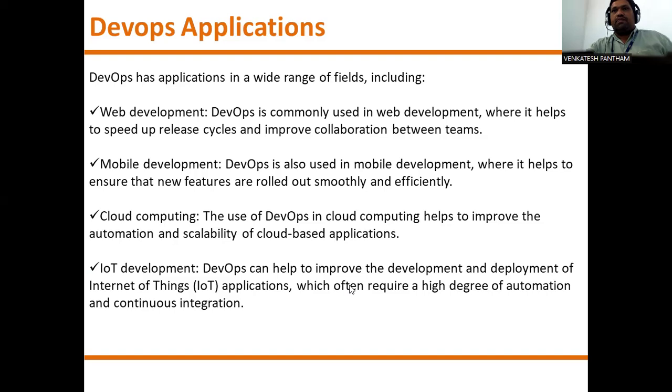And in mobile development, every day new features are added, then automatically it is continuously integrated, continuously tested, and continuously collaborated. And this is possible only with DevOps. So mobile development is also one of the applications of DevOps.